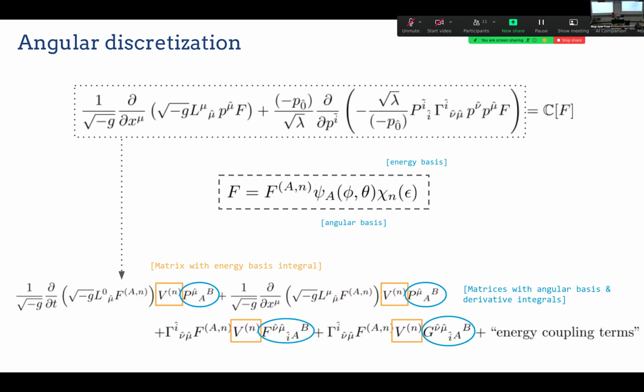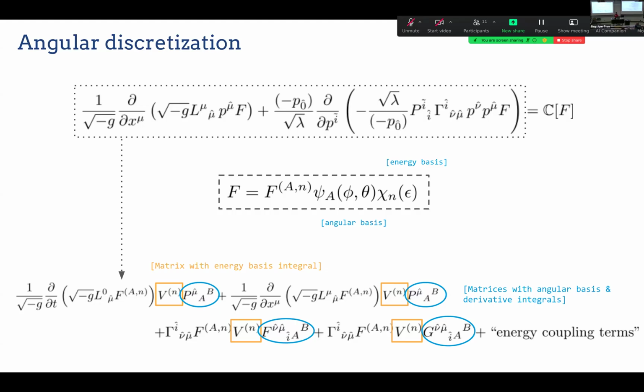And then you have these blue things, which are also matrices, which are functions of the angular basis functions and derivatives of the angular basis functions, also something you can compute at the beginning of the simulation. Now, you can pick and choose your basis functions to derive different types of schemes.